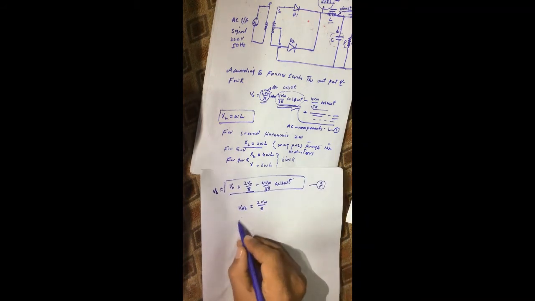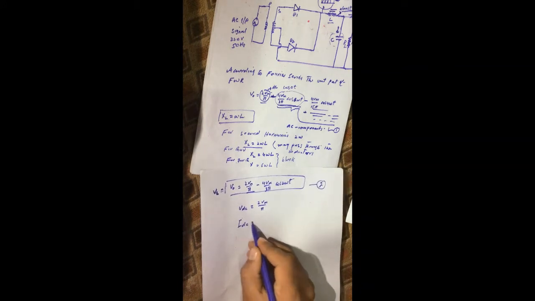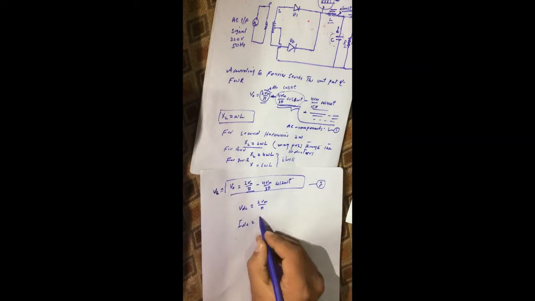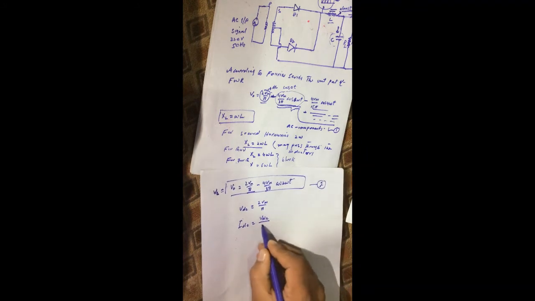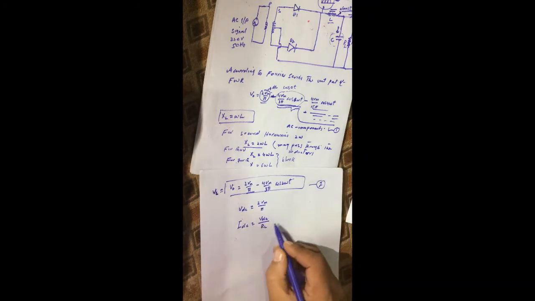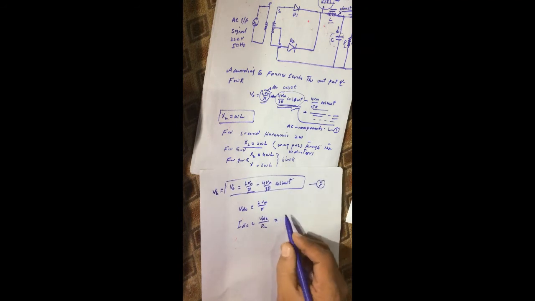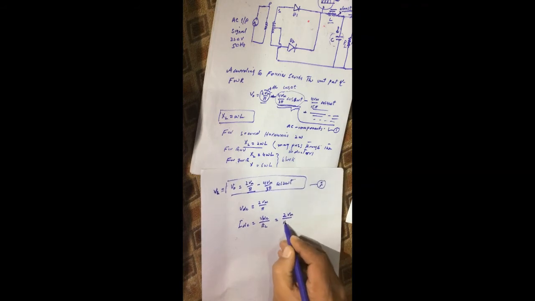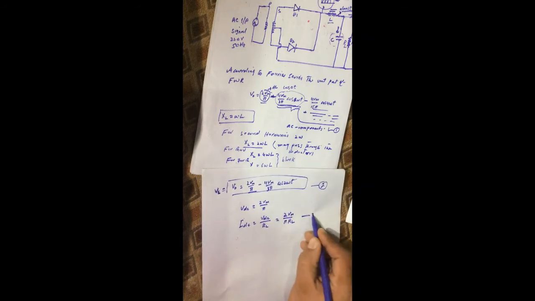Then the DC current will be IDC, which is equal to DC voltage divided by the load resistance RL. So its value will be 2Vm over pi RL. This is equation number 3.